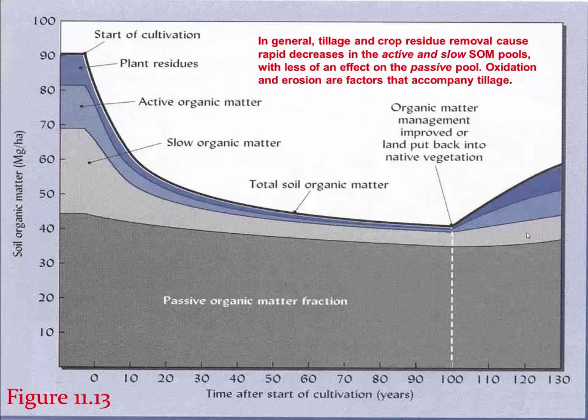But we can start to rebuild the slow pool and the active pool and the residue pool. And this will continue to rise, but it probably will never reach that original equilibrium level. That equilibrium is a lost equilibrium. So this would be more like the new equilibrium that we could maintain if we're going to continue cultivating.